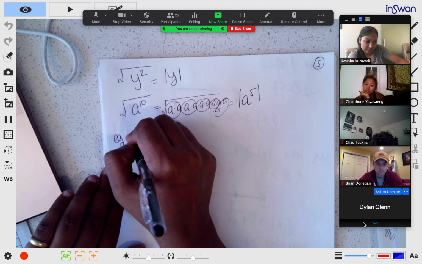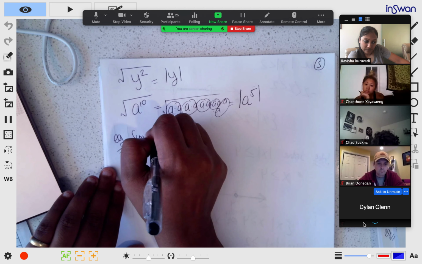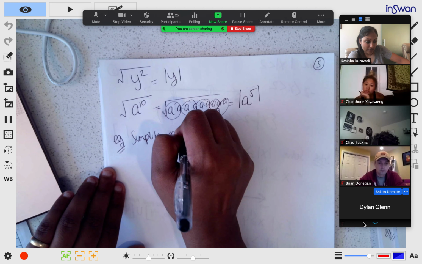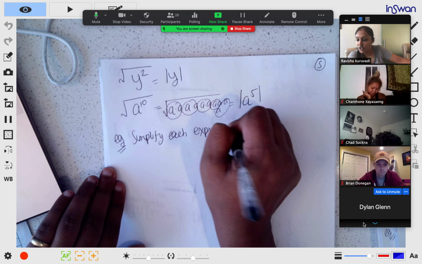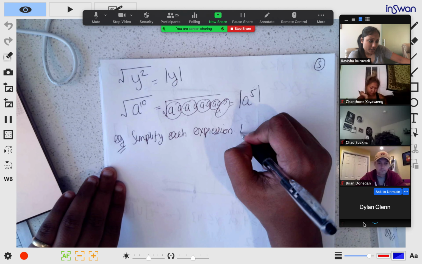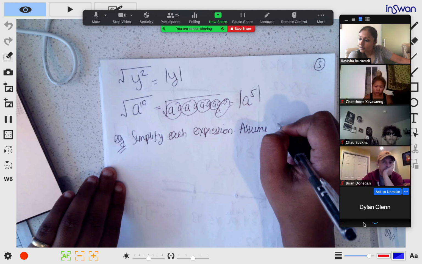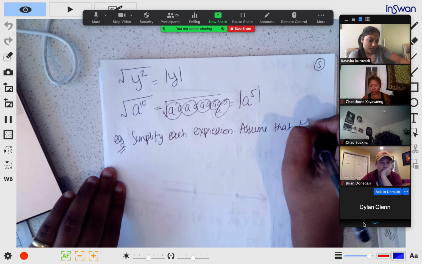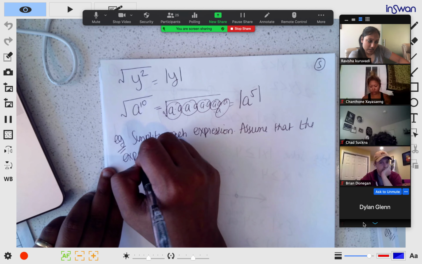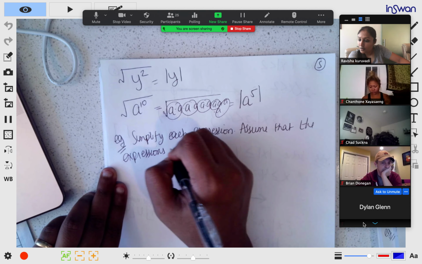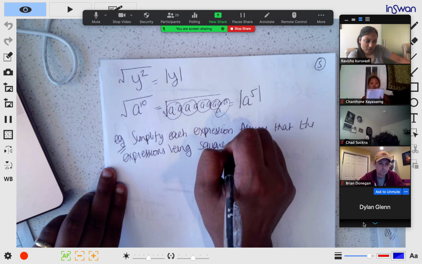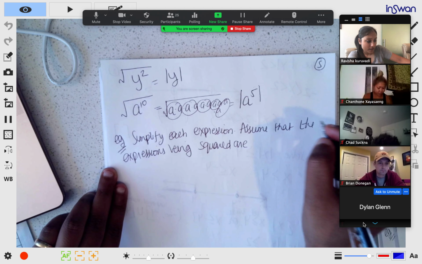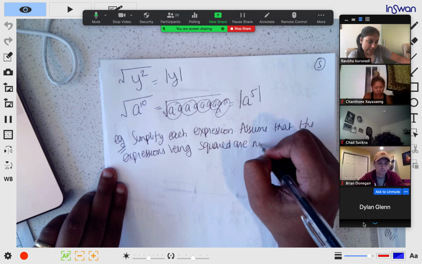Simplify each expression. Assume that the expressions being squared are non-negative.